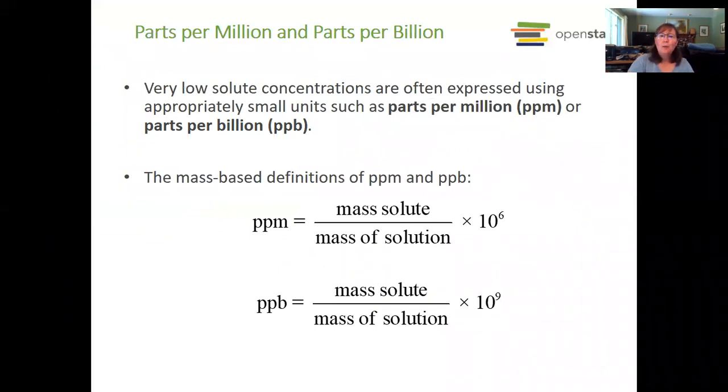Okay, our last bit is parts per million and parts per billion. And this can seem a little bit challenging, but if you follow these steps, it's not too terribly bad. Okay, so first of all, ppm, parts per million and parts per billion. Now, this is often used by the EPA or OSHA.